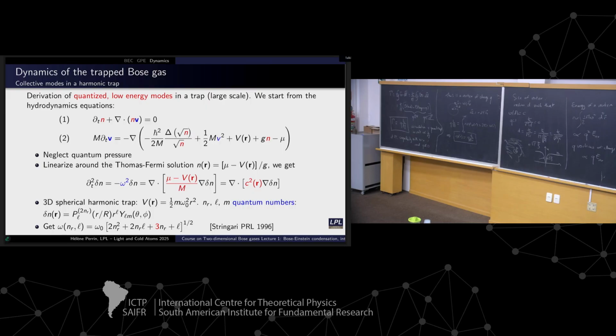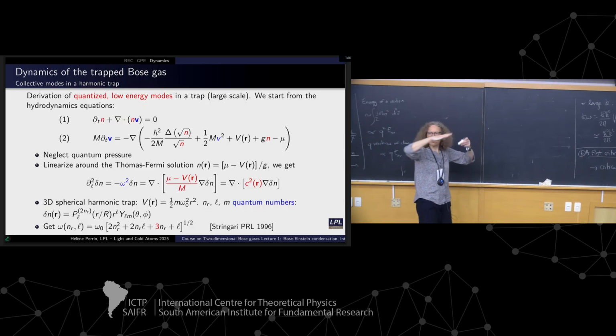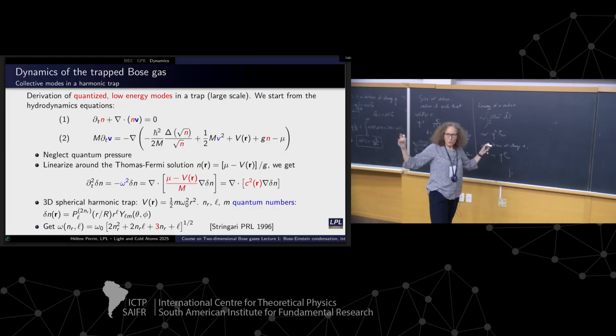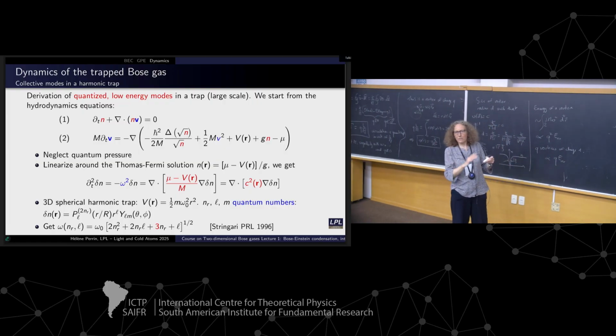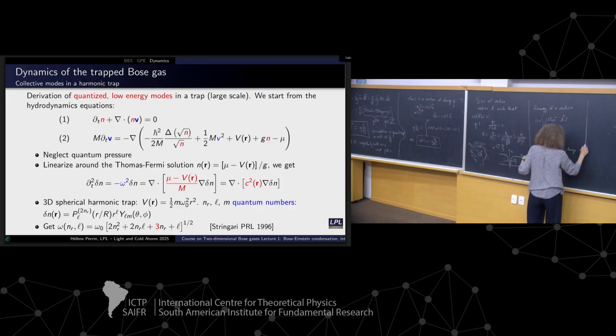But what's happening in a trap, when the trap is not very shallow and we cannot really identify a long direction along which we have these uniform-like waves, as with your question? So if we are in a trap, we also have a situation where there are specific collective modes.